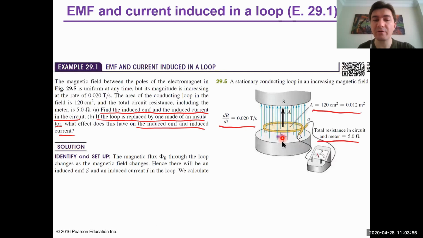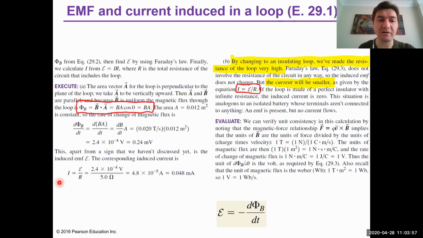But what about the current? Since the current is given by EMF over R, and in insulators we have very huge resistance. Since resistance is increasing, the current in the loop will decrease if you use an insulating wire. Do you have any question with that part?